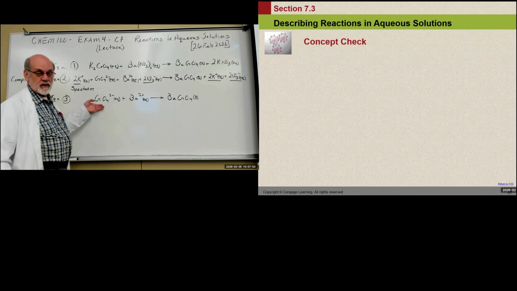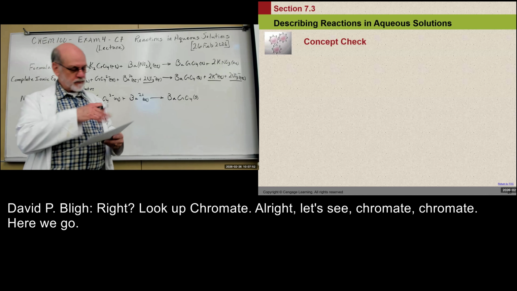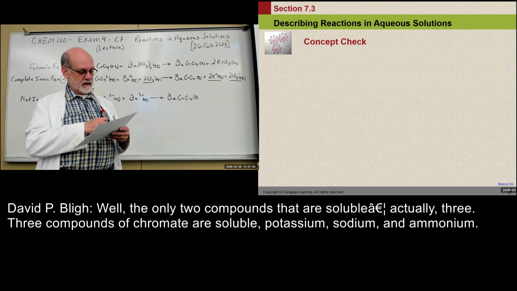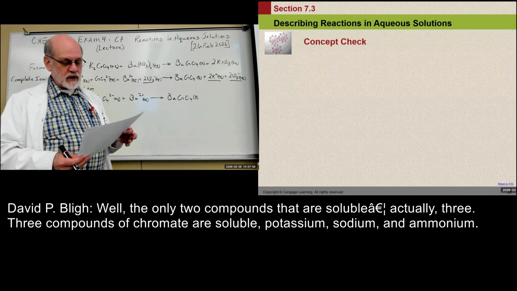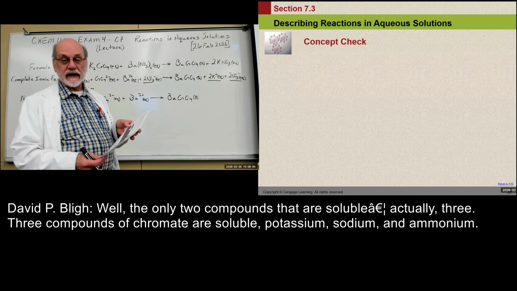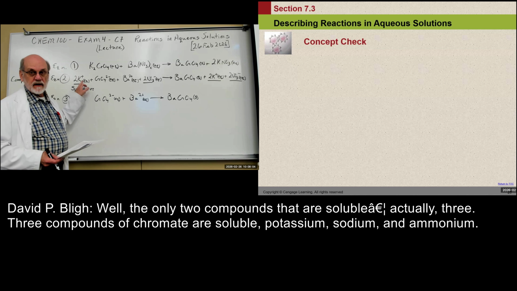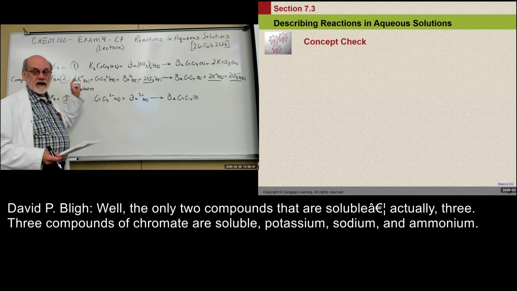We could do the same thing for chromate, right? Look up chromate. All right, let's see, chromate. Here we go. Actually 3 compounds of chromate are soluble: potassium, sodium and ammonium.